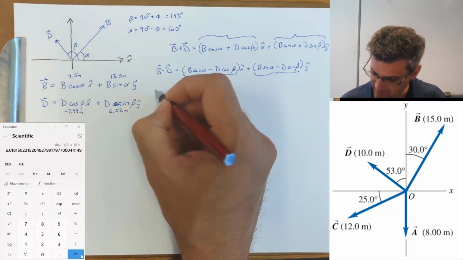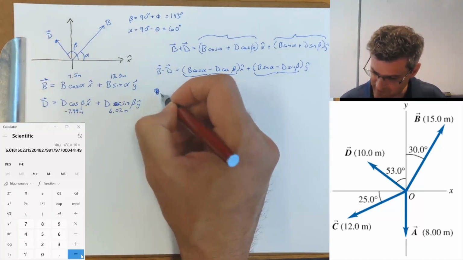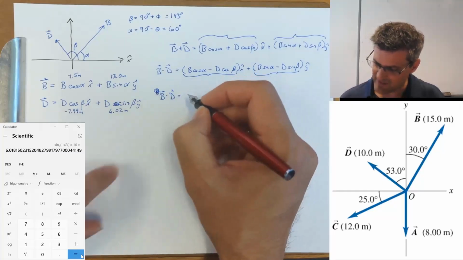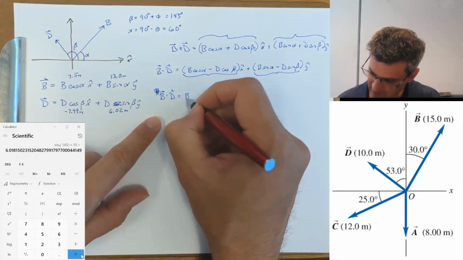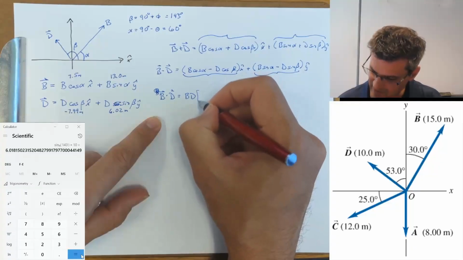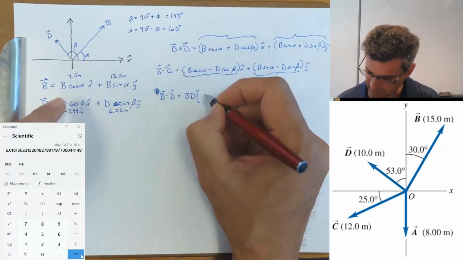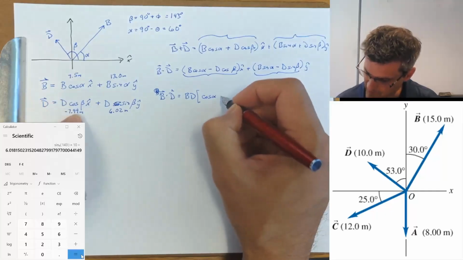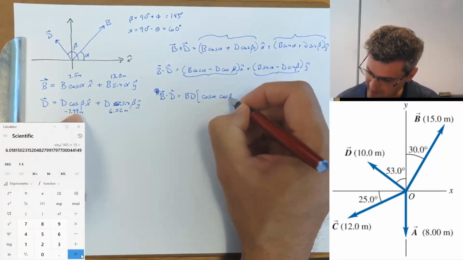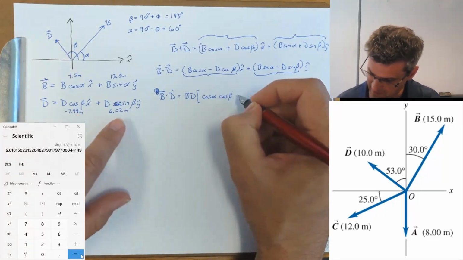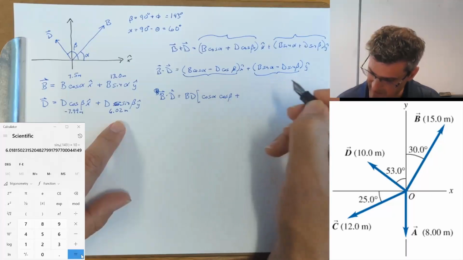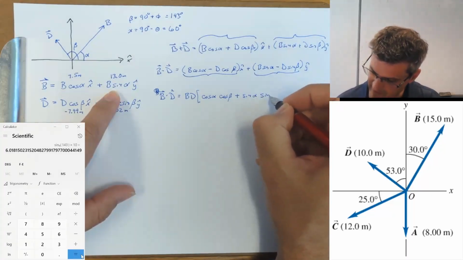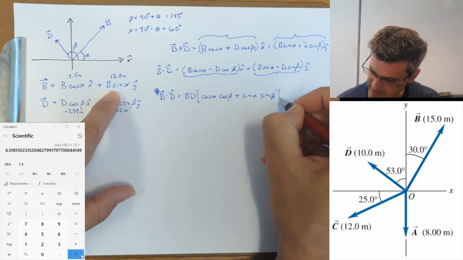In fact, the two interesting ones, b dot d, is now going to be b d, and we're going to have cosine of alpha cosine of beta plus sine of alpha sine of beta.